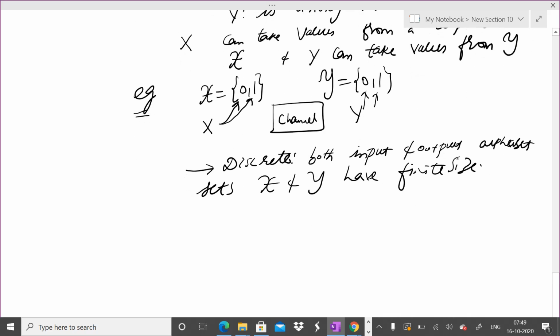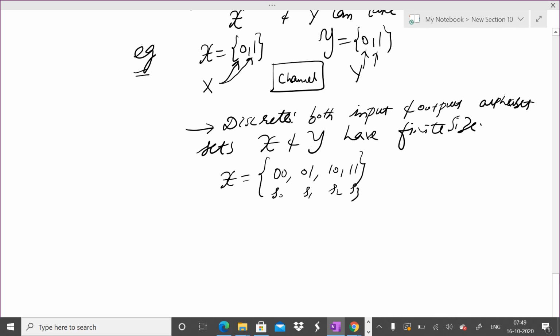Another example: suppose you club up 2 bits at a time, 0 0, 0 1, 1 0, 1 1. This is another example of an alphabet set. This can be called S0, S1, S2, S3. So this is the reason for calling it discrete.